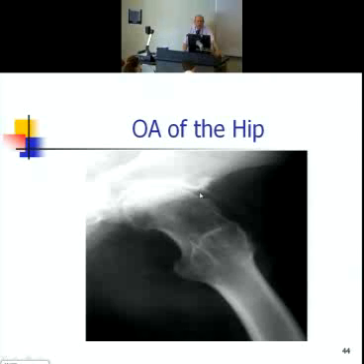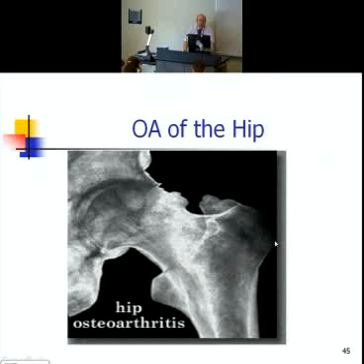This is just another view. Again, you can see the joint space, although not quite as clearly. You can see osteophytes here, osteophyte there, osteophyte up there too, probably some osteophytes along here. And again, just a hip that's pretty much worn out. So another x-ray, again, you virtually see no joint space.